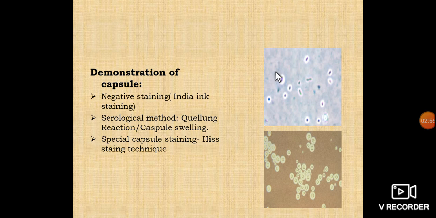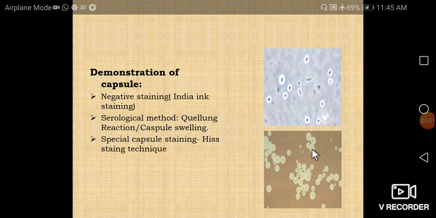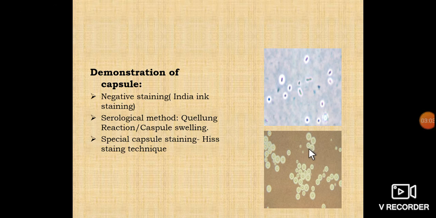In the lower picture you can make out this is Cryptococcus. Budding yeast cells with a colorless surrounding, that is the yeast capsule. So the capsule never takes any dye, hence it is called negative. Another technique is the serological method, or Quellung reaction, or capsular swelling.